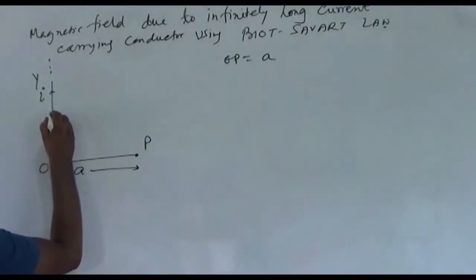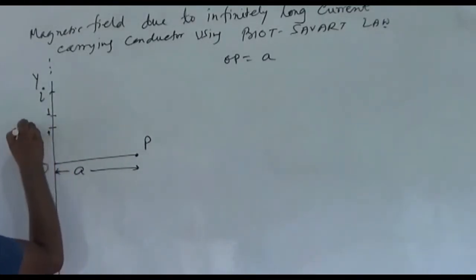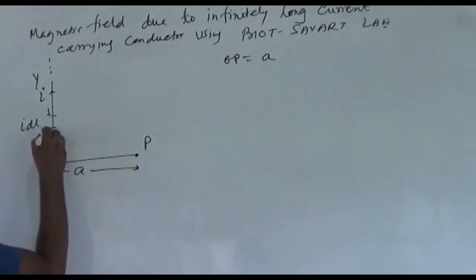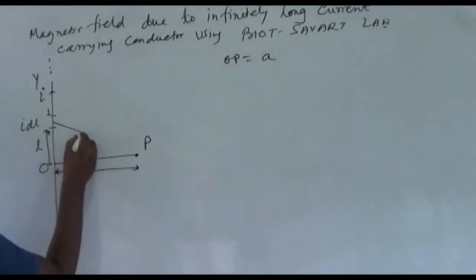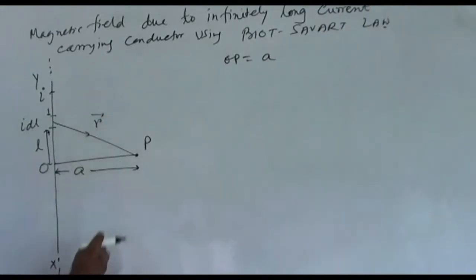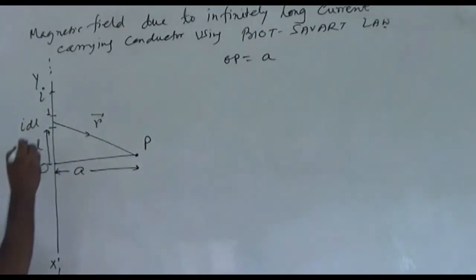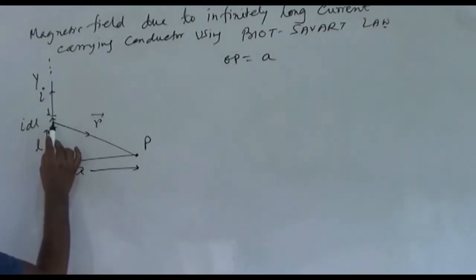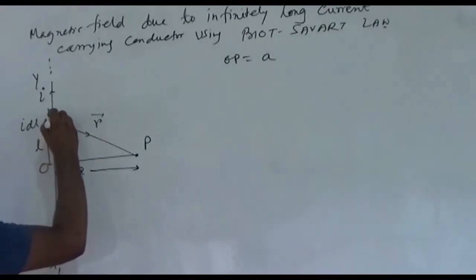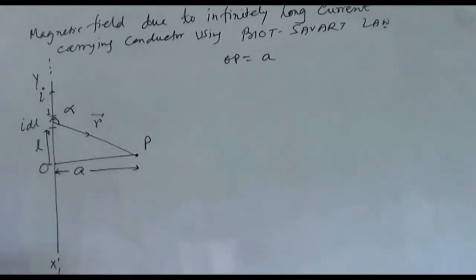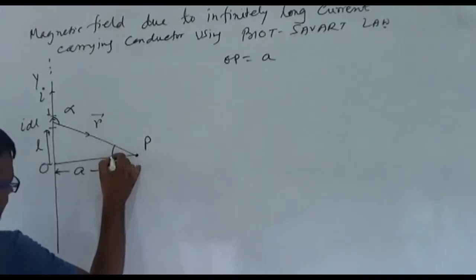We take a very small current element Idl at a distance L from O, which is at a distance R from the point P. That means this is the current element whose direction is upward, and this is the direction of the displacement vector, that is R. The angle between Idl and R is alpha, and let us say this angle is theta.